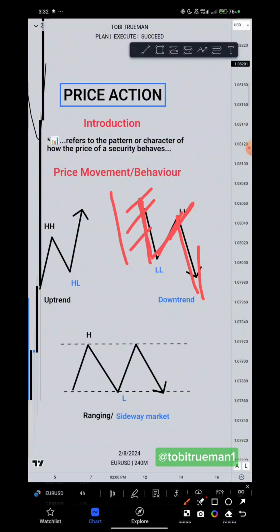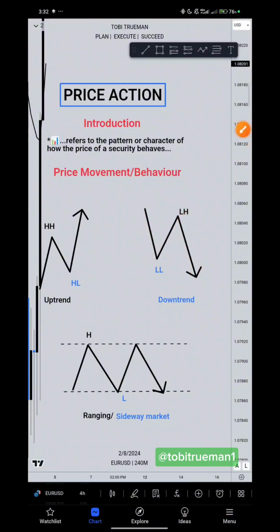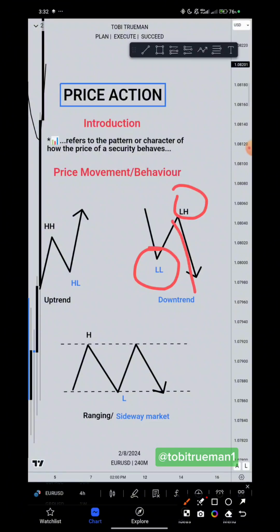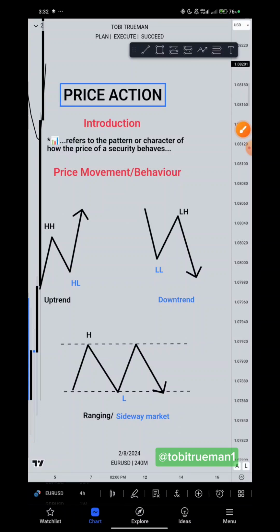This is known as a downtrend. In a downtrend, the first point that price makes, which it uses to make a pullback, is called lower low. Then the top point after price has come down again is called lower high. You do not have to know the English or the grammar of these things. You just have to understand them and know how to use them.